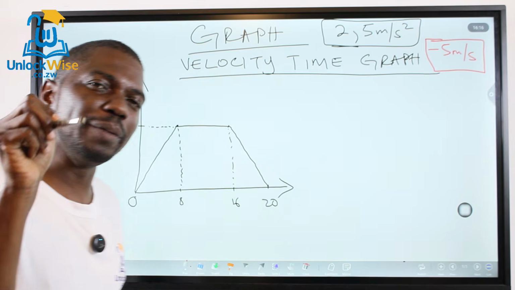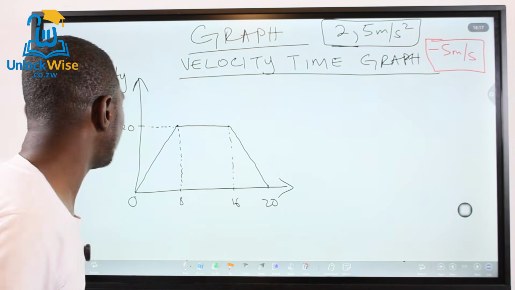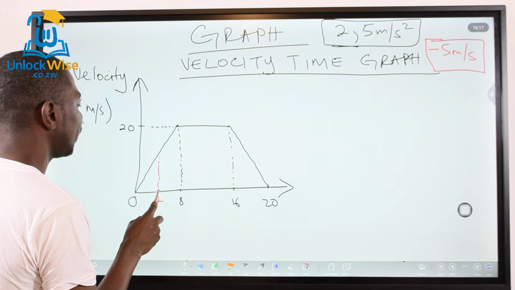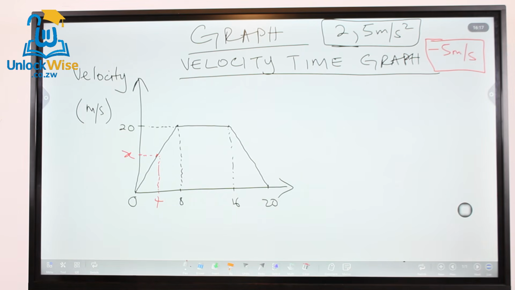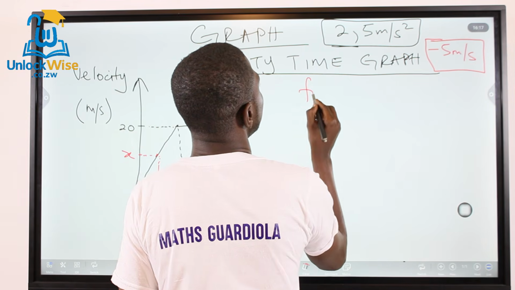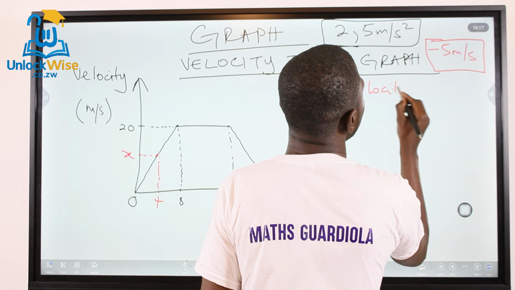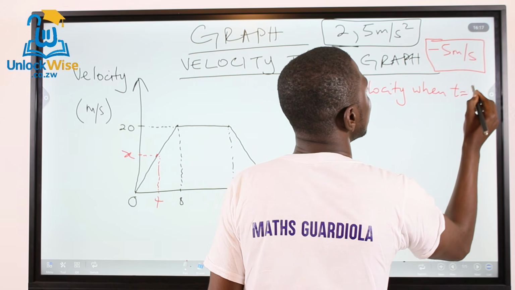So you may be asked the velocity when time is equals to 4. The time is now 4, and we want to find this part. What is the velocity when time is equals to 4? So now we want to find velocity when t is equals to 4.